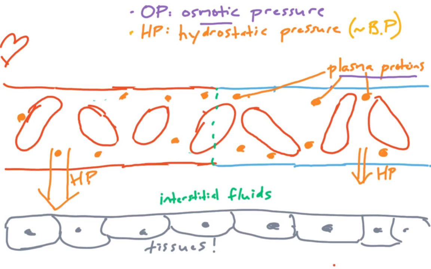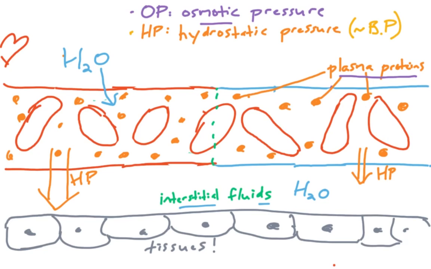And if you have all of these plasma proteins concentrated inside of these vessels, but you have few, if any, plasma proteins that leave these vessels and enter the interstitial space, and imagine again all this water out here in these interstitial fluids, right? Well, what you're going to see is that the water is going to be drawn in.